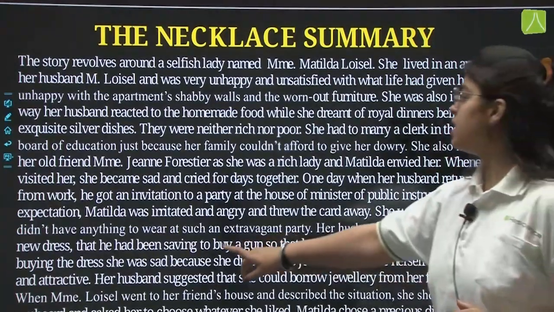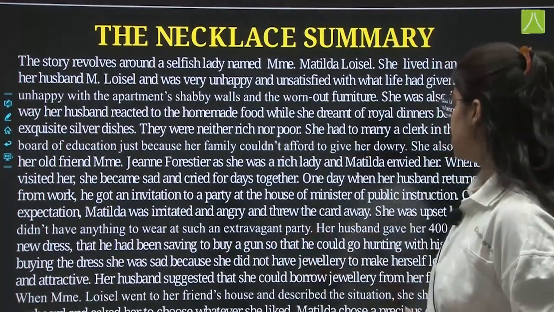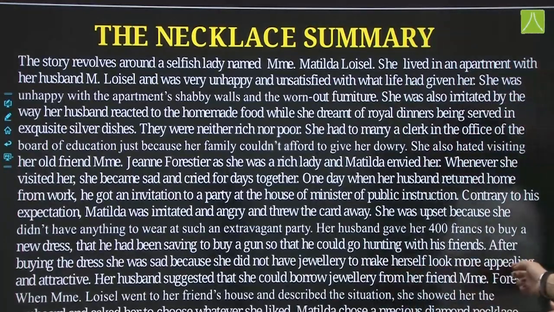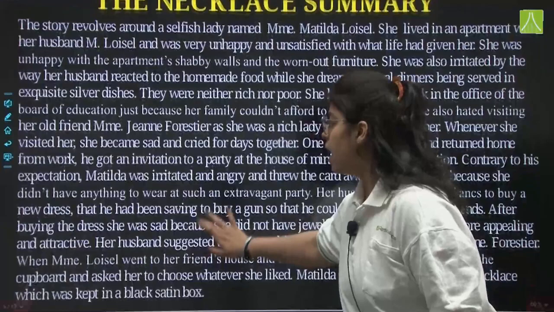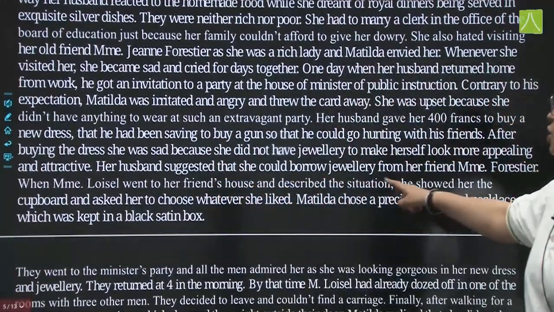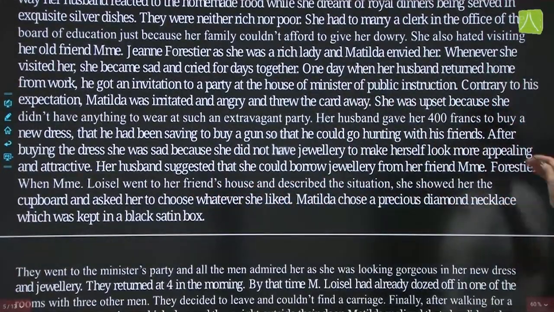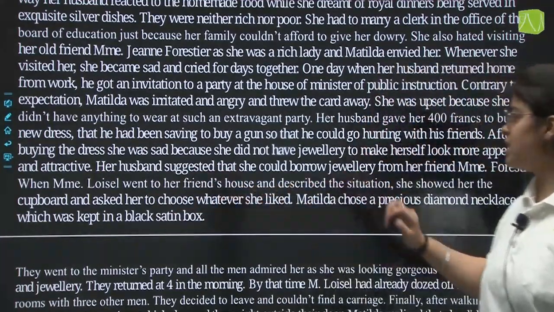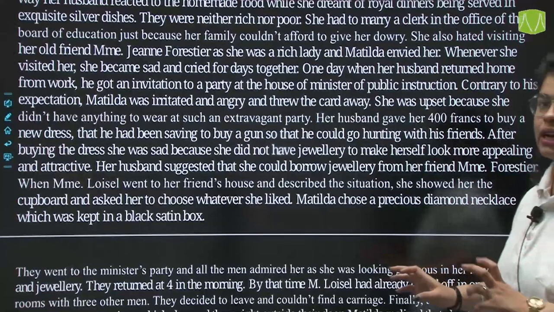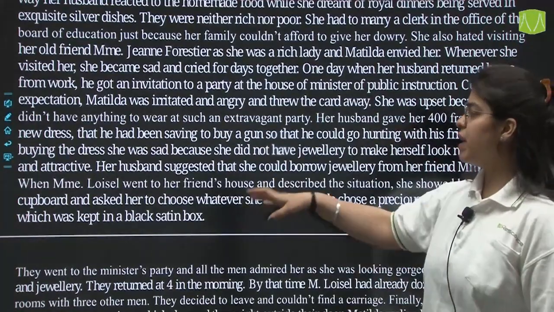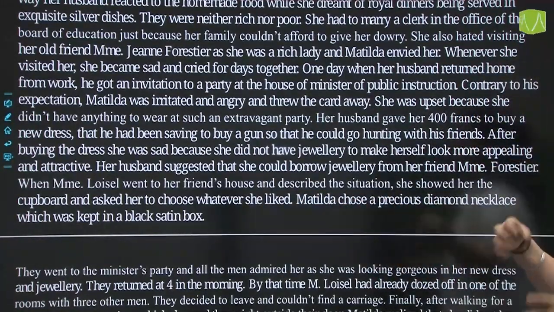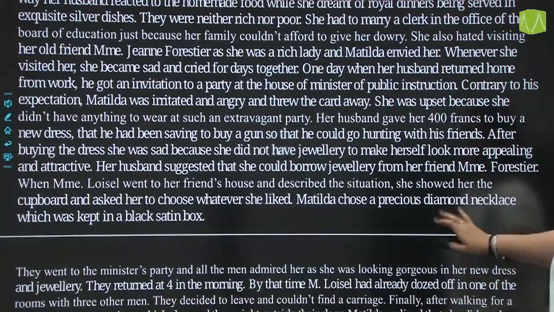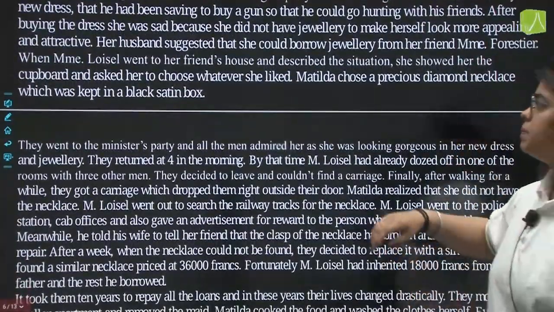Then after buying the dress, she was sad because she did not have jewelry to make herself look more appealing and attractive to others. Her husband suggested that she could borrow jewelry from her friend Madame Forestier. Madame Loisel agreed, okay, I'll borrow a necklace from her, and she went to the friend's house, described the whole situation she was facing, and was shown the cupboard.